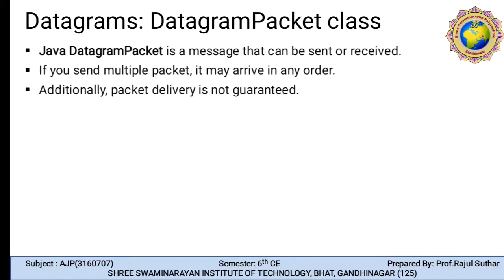If you send multiple packets, they may arrive in any order. Additionally, packet delivery is not guaranteed because the UDP protocol is used. It is a connectionless protocol, so packet delivery is not guaranteed.